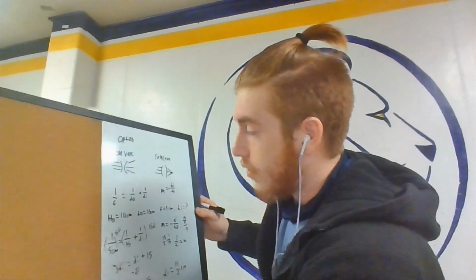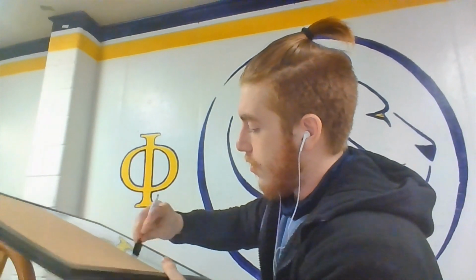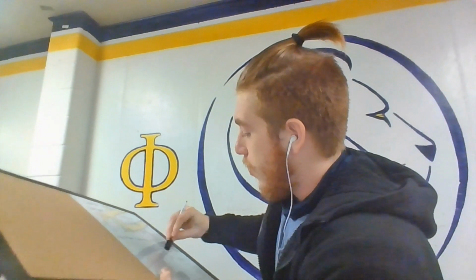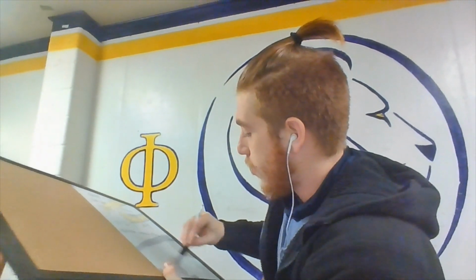So what does this tell us? We know, because of other principles, that if the absolute value of m is greater than 1, the image is enlarged. If the absolute value is less than 1, it is reduced, and if it is equal to 1, it is the same size.